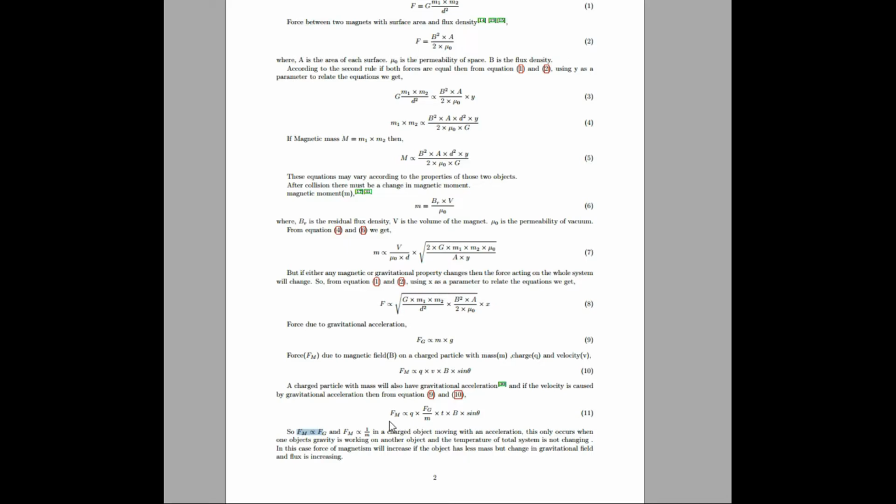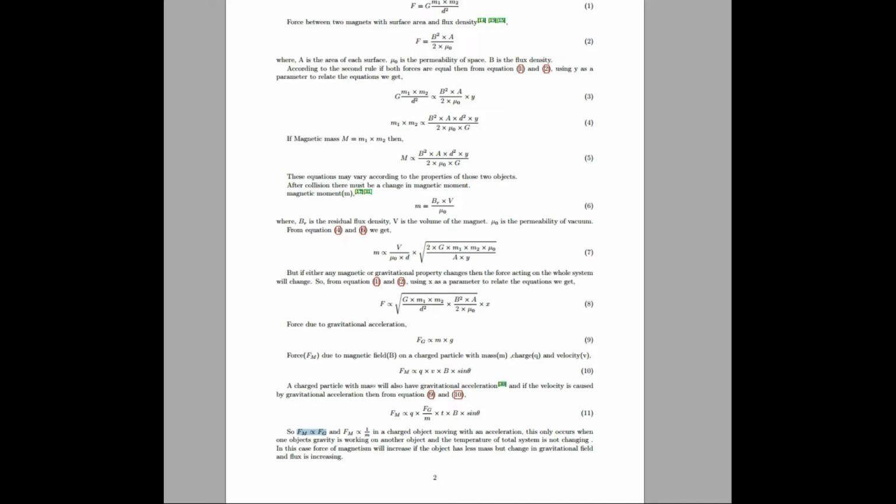Okay, so now we should pay attention here, because there is a mass. How increasing mass can decrease the force of magnetism, and how the force of gravity can influence the force of magnetism. It's all due to the motion of the object. One feels attraction towards an object next to it, so the object will move to that object, and from moving there they will create a magnetic field.